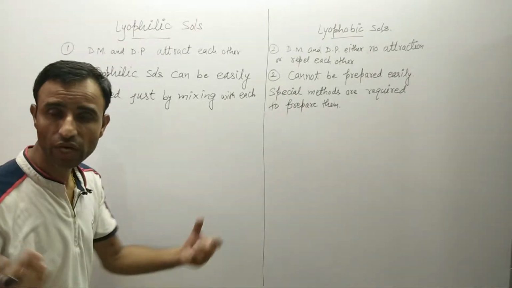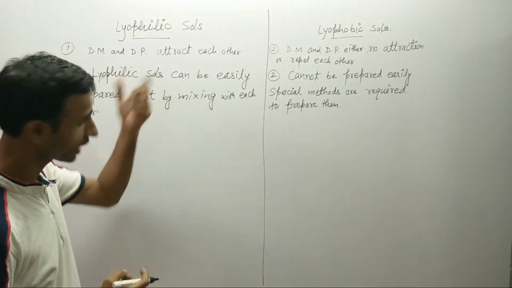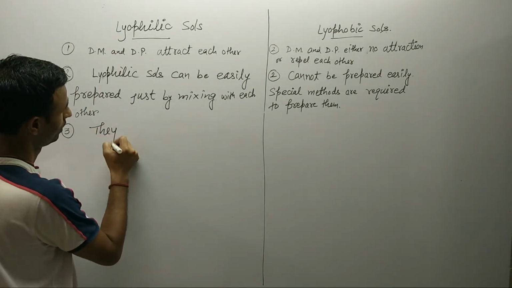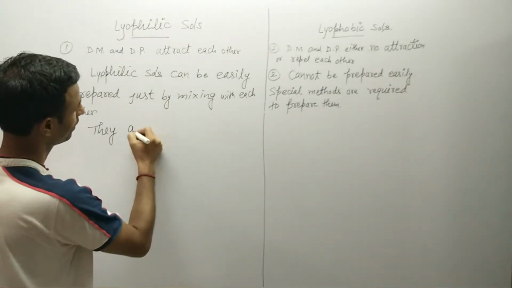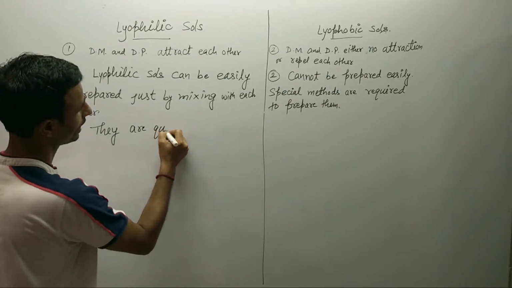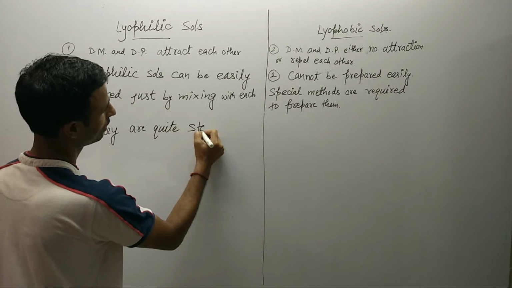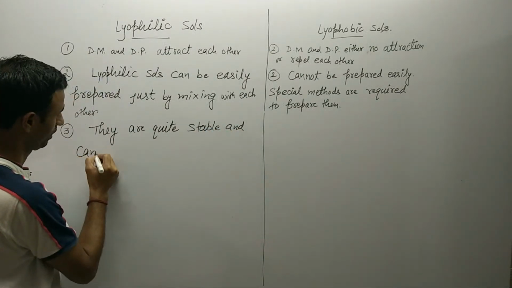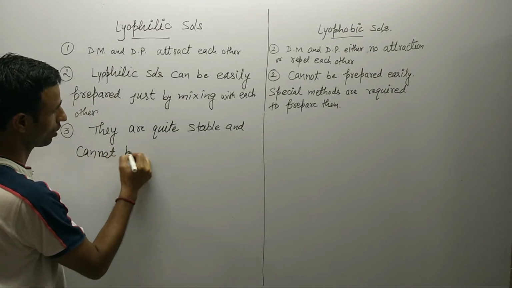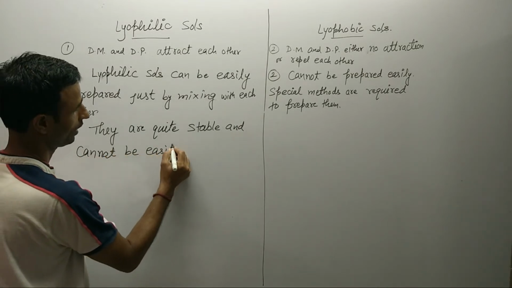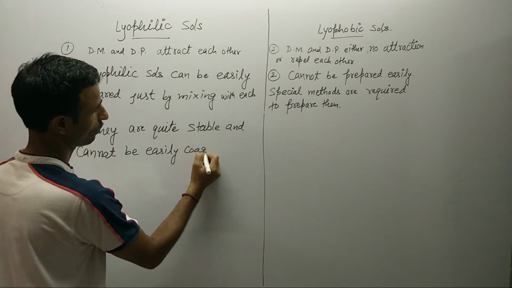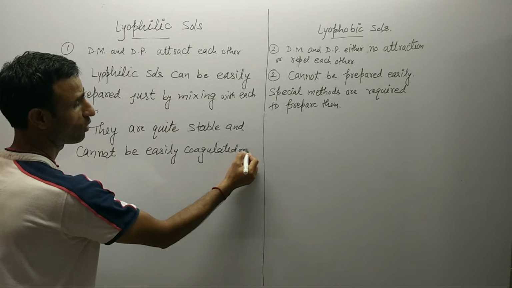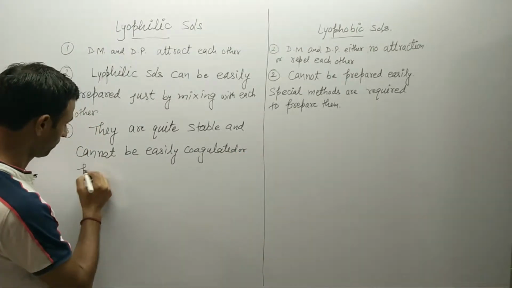Now, as there is attraction between them, they are quite stable and cannot be easily coagulated. Coagulation means precipitation.